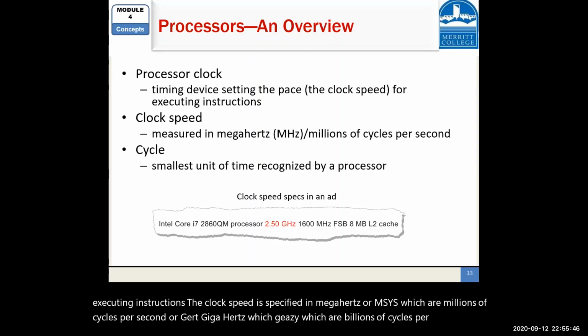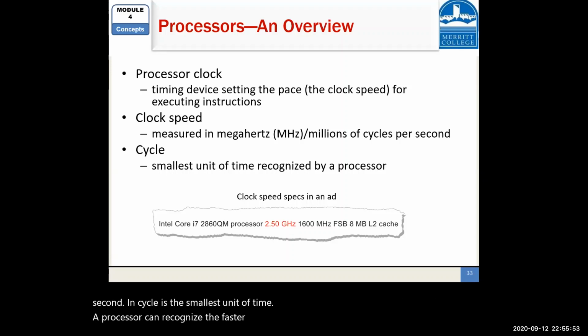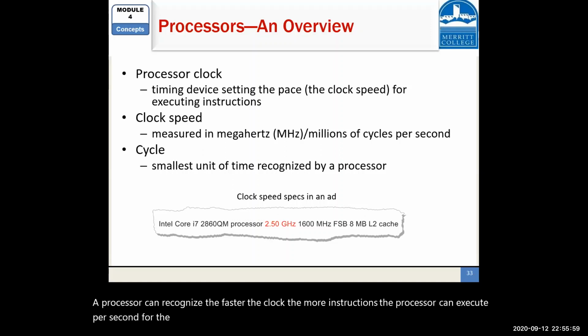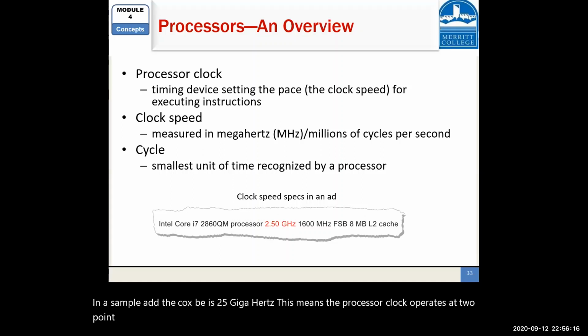A cycle is the smallest unit of time a processor can recognize. The faster the clock, the more instructions the processor can execute per second. For the processor in the sample ad shown, the clock speed is 2.5 gigahertz. This means the processor clock operates at 2.5 billion cycles per second.